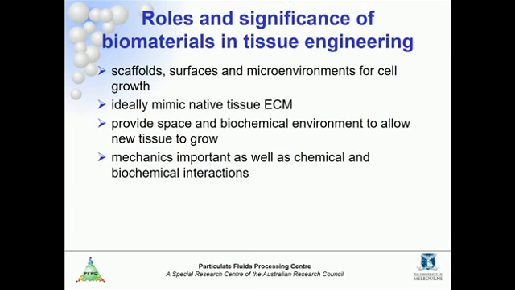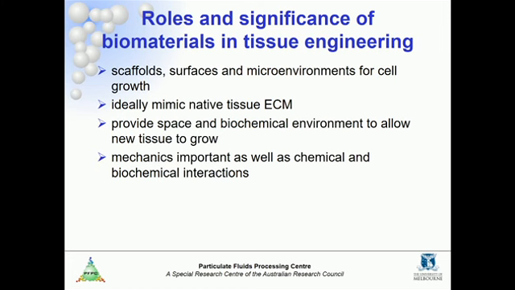So what's the role and the significance of biomaterials in all this? Well, we can use biomaterials to provide scaffolds, like sponges for the cells to attach to. They provide surfaces and microenvironments that will help the cells to grow and do the things that we want, like lay down extracellular matrix. So they provide a microenvironment for the cells.